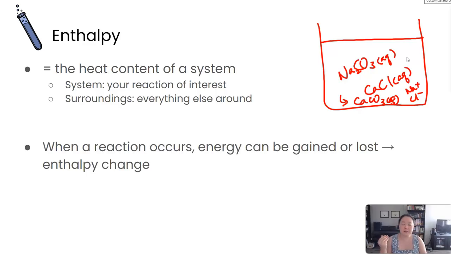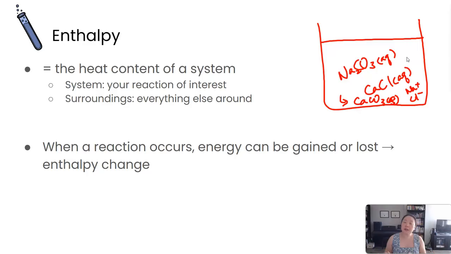Now, hopefully, at some point in your life, you have noticed that sometimes reactions release energy, and sometimes they gain energy. When a reaction releases energy, you feel that things are hotter. And when it absorbs energy, things get colder. Or sometimes you see that energy released as light. But at any rate, hopefully you've noticed that energy changes have happened.